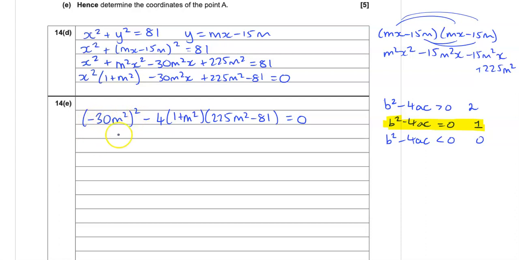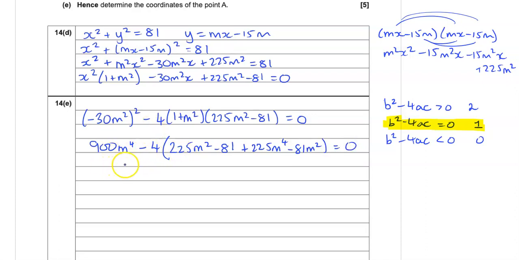So minus 30 squared is 900, and then m squared squared is m to the 4. And from that, we're going to take away 4 lots of, and then if we expand these, we've got 225m squared minus 81 plus 225m to the 4 minus 81m squared, and that's equal to 0 still.